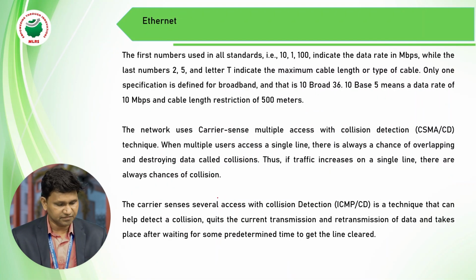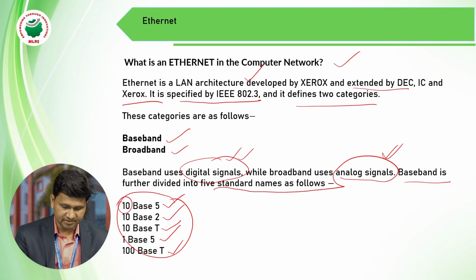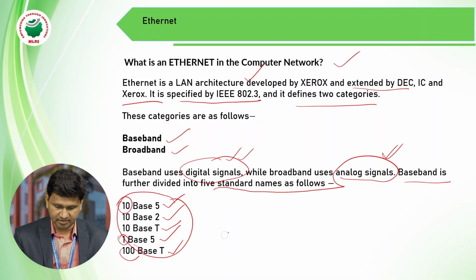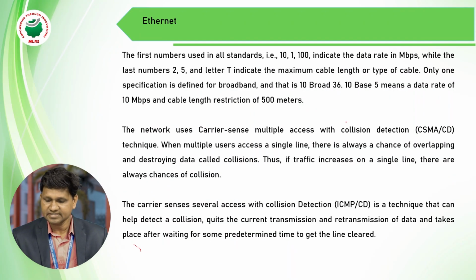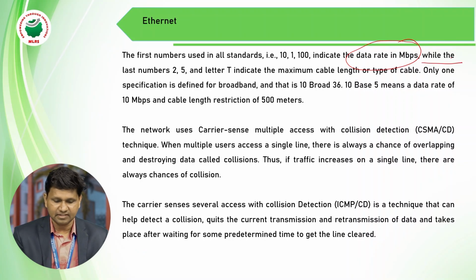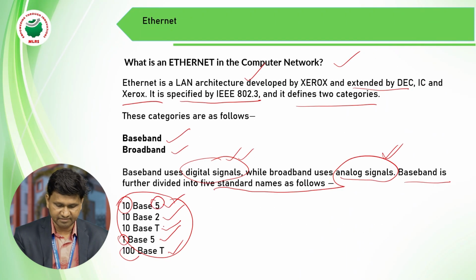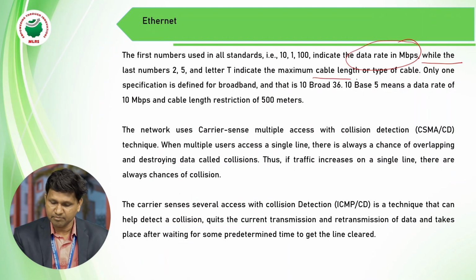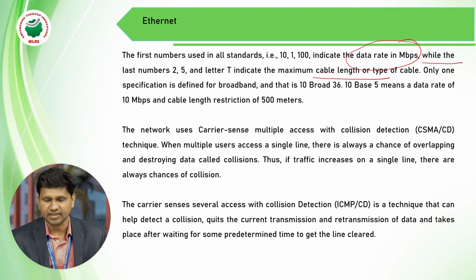The first numbers used in all standards, that is 10, 1, 100, indicate the data rate in Mbps, while the last numbers, that is 5, 2, T, indicate the maximum cable length or type of cable.